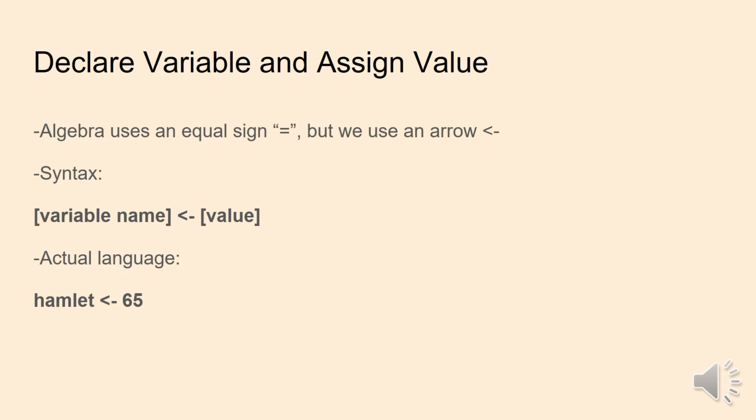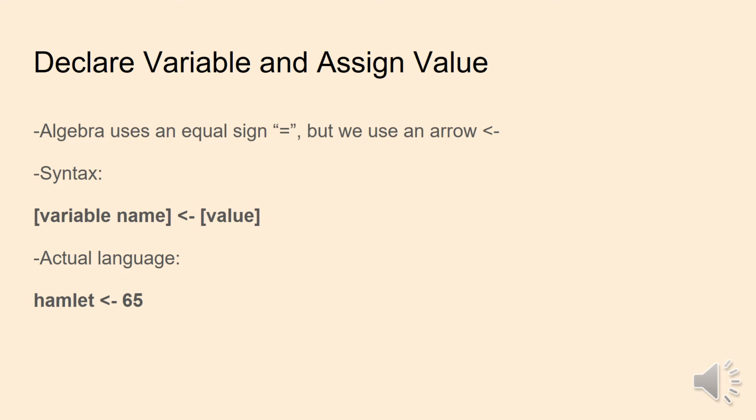It's the key next to the M with a little left-hand angle bracket, followed by the key above the P, which has the hyphen. And so it's angle bracket hyphen, and that works as an arrow, and that works as an equal sign in R.